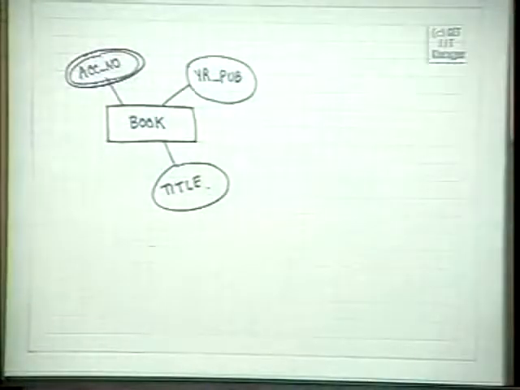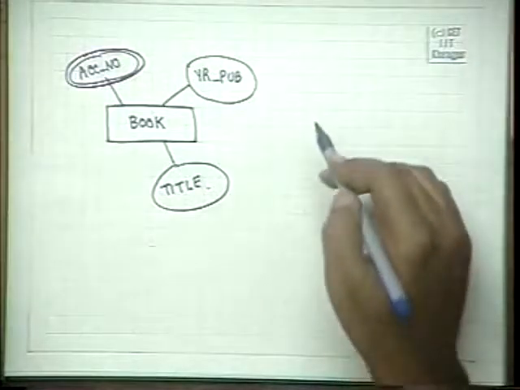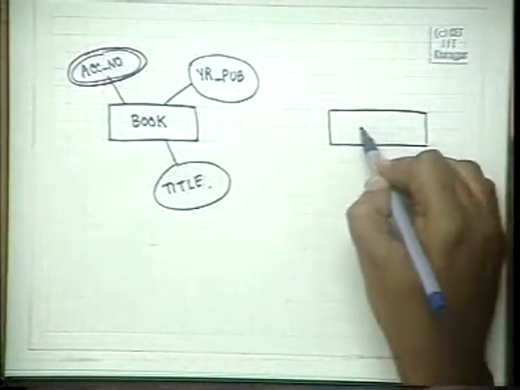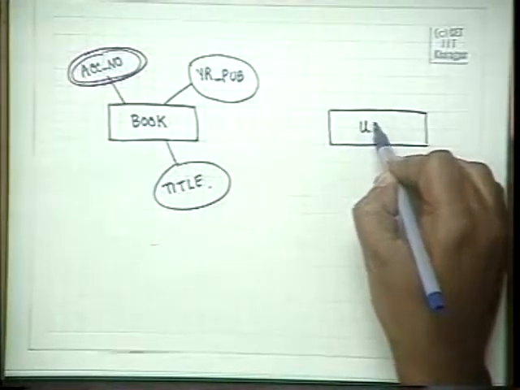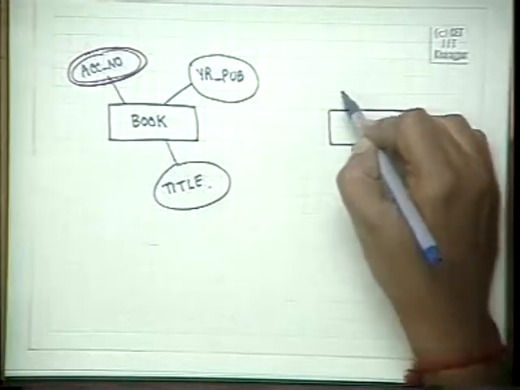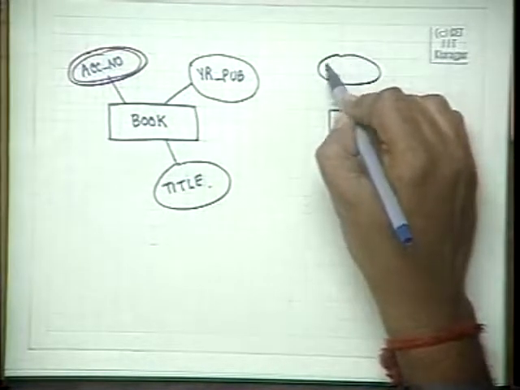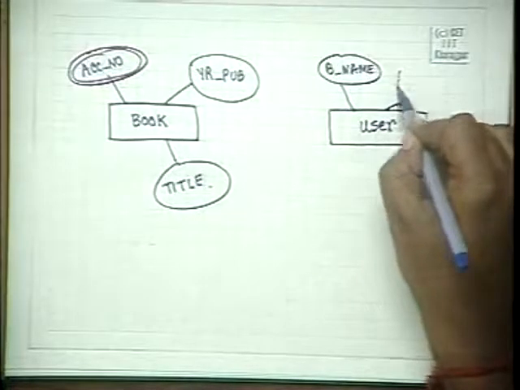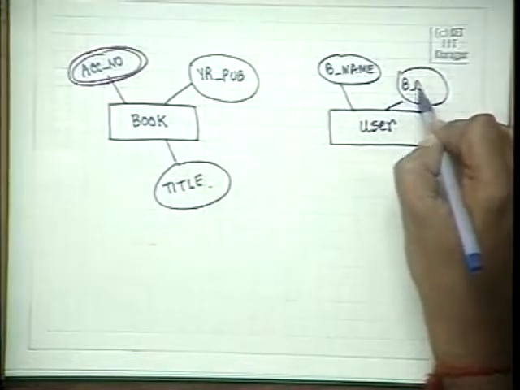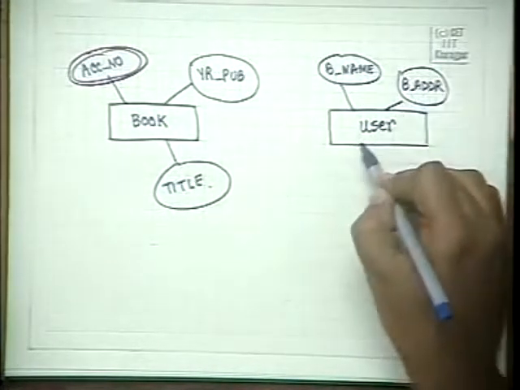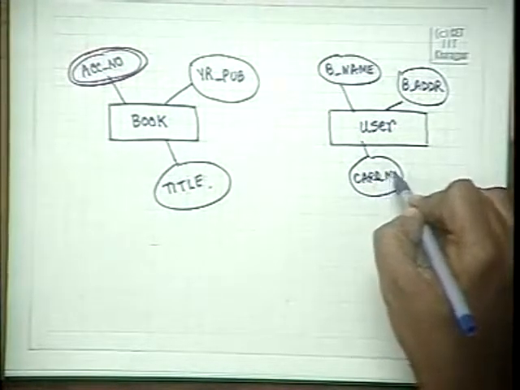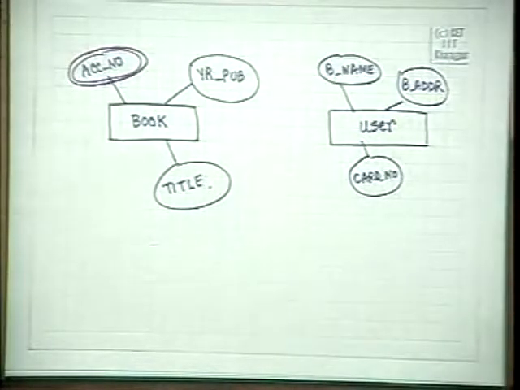For example, in our database, we had the book, the user, which had the attributes borrower name, borrower address, and card number, and this entity had got a primary key.